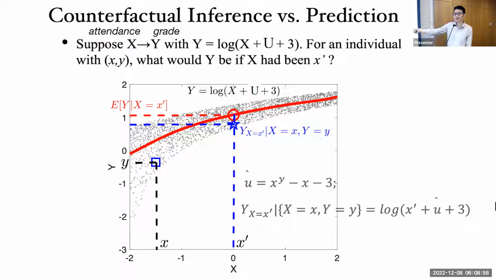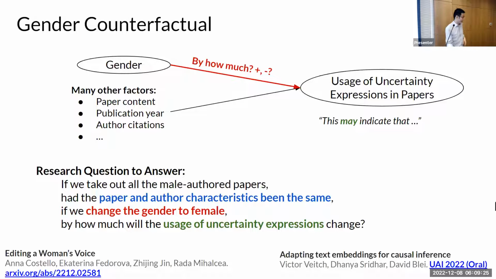I use U hat, the estimated noise value, together with the new value of x. Then this is the answer, as you can see from here. So this is counterfactual reasoning. It's very useful because it's a way for you to really understand the unique hidden features of the subject, right? It's not directly given. No other method can directly make use of the information of noise. But now you can infer the information of noise and make use of it in order to make your answer more specific. Okay, great.